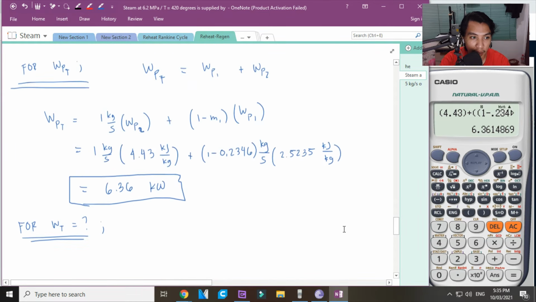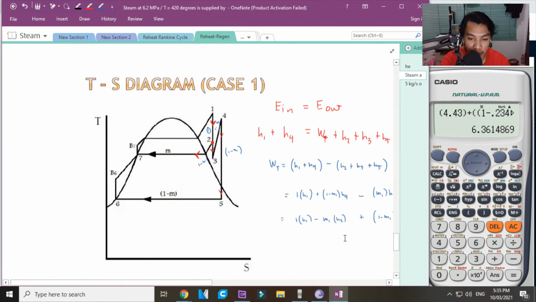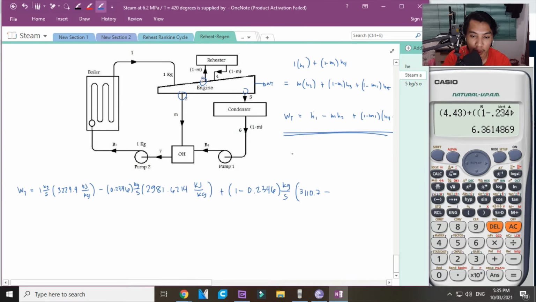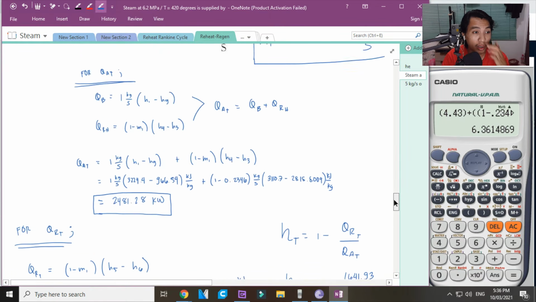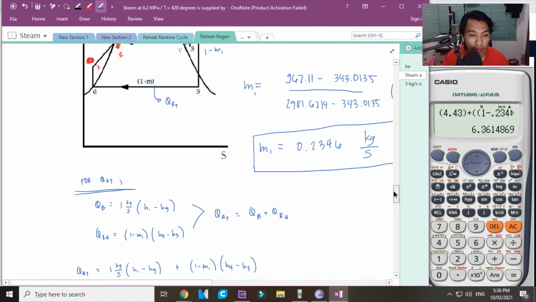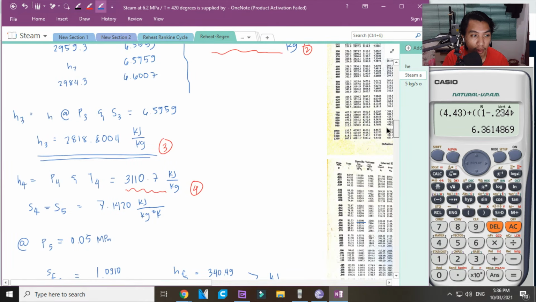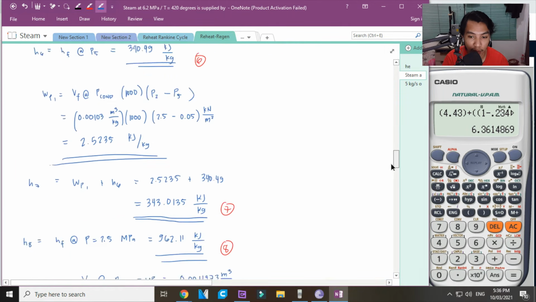H3 and H5. H5, 2485.6876. Tapos H3 is 2818.8004.